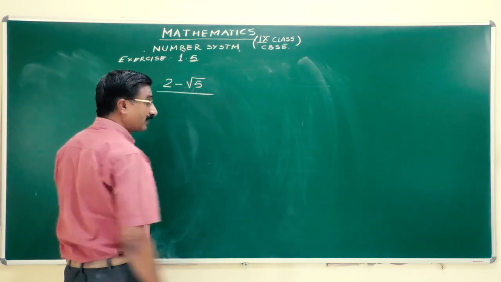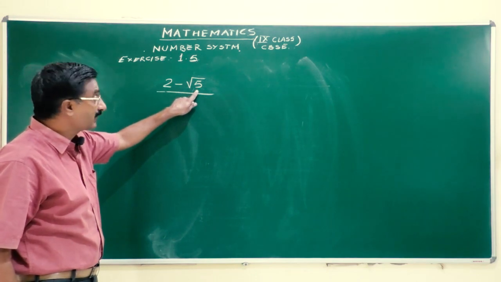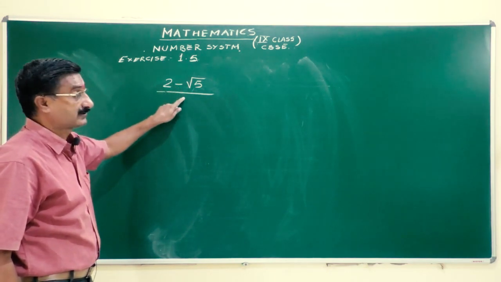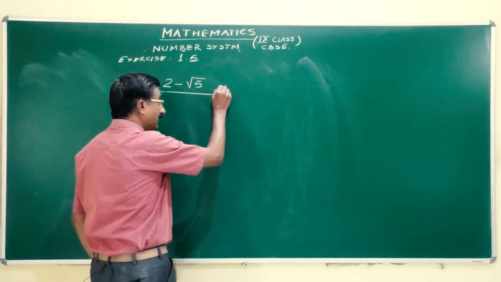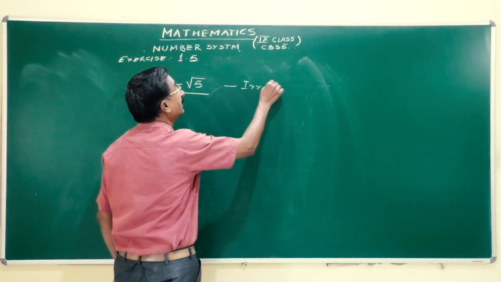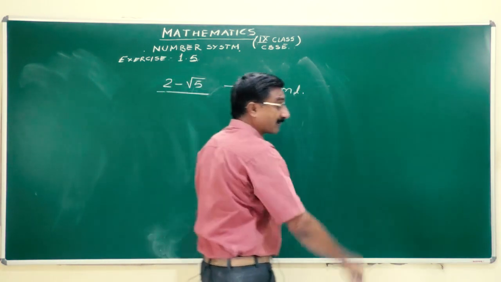Whether it is rational or irrational. This number is rational, this number is irrational. So rational minus irrational will be an irrational number. So this is irrational.